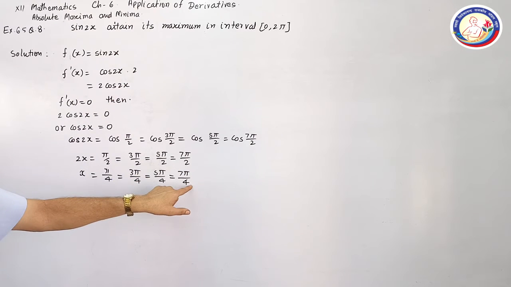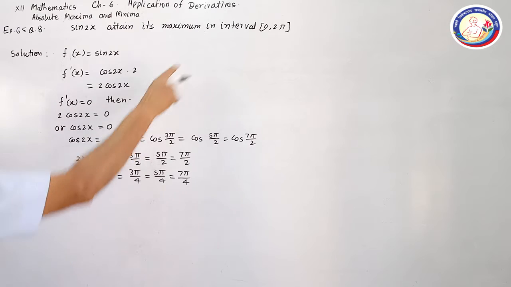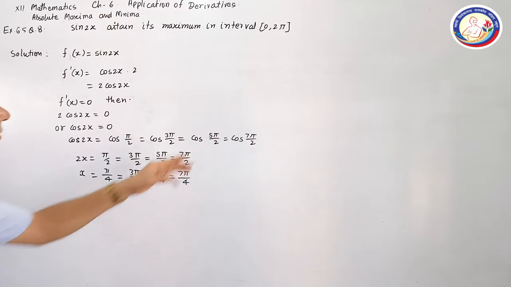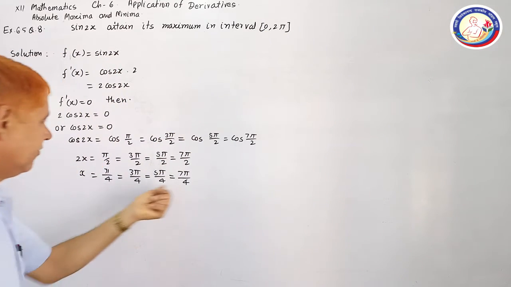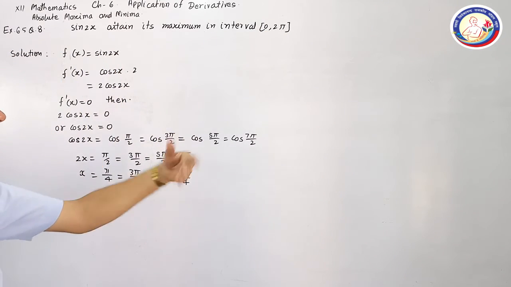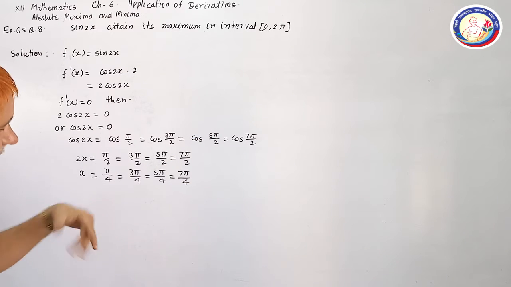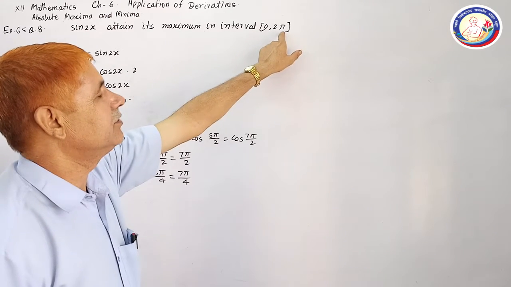And again 7 pi by 4 is a critical point. These are 4 critical points in this interval. And we have two extreme values, 0 and 2 pi, and also 4 critical points. So there are 6 points where the maximum or minimum value may occur, because 0 to 2 pi is our closed interval.